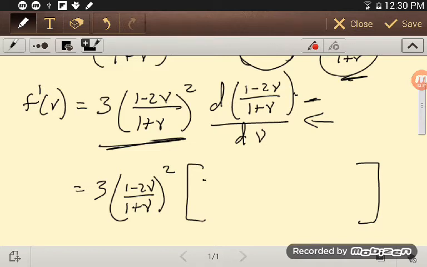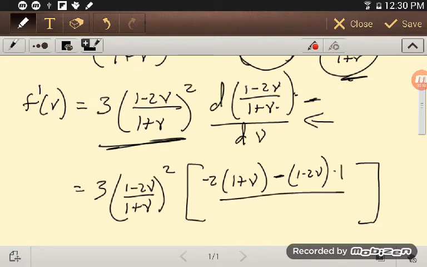So I get a -2 from that, and then times the bottom, so 1 plus nu, could be a V again, and then minus the 1 minus 2 nu, and then times the derivative of the bottom, well, that's just 1, and then over that denominator squared. And so there we go.